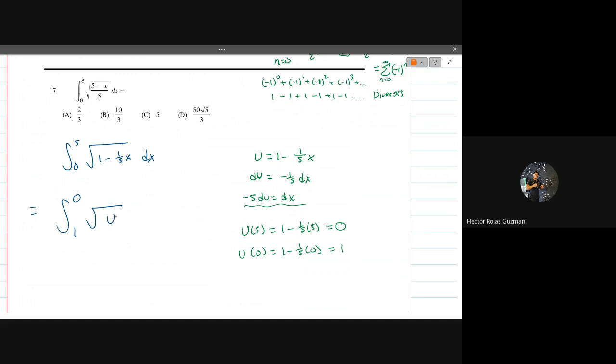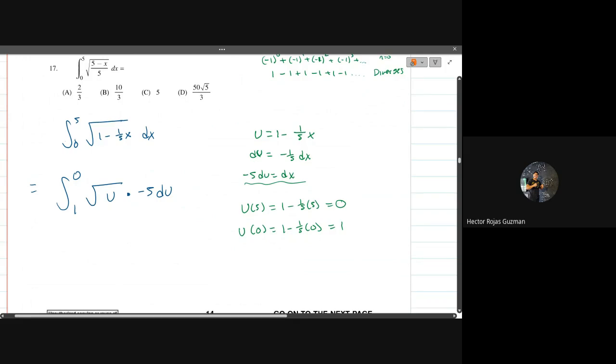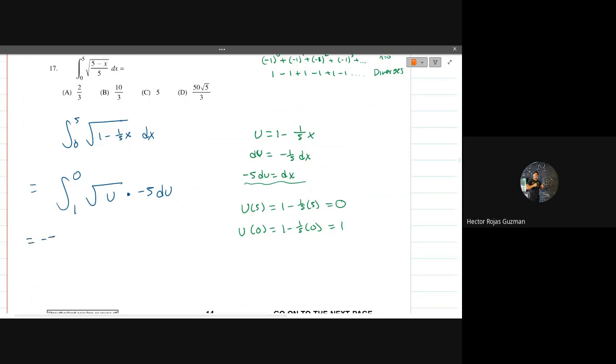The square root of u times negative 5 du. I'm going to take out the negative 5. But when I flip my limits of integration, that negative becomes a positive. So now we can just integrate it by adding 1 to the exponent and dividing by the new exponent, or multiplying by the reciprocal.